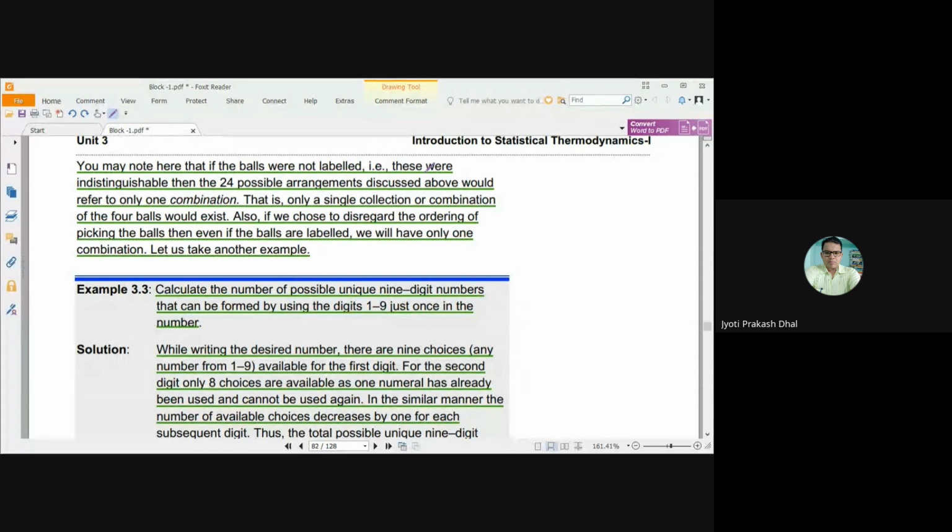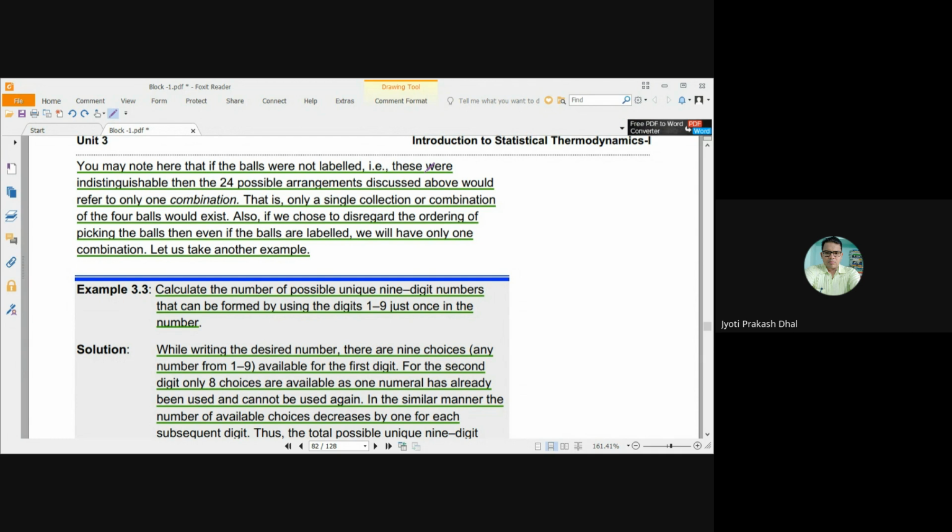So only a single combination of the 4 balls will exist. Also, if you choose to disregard the ordering of the picking of the balls, we will have only one combination.